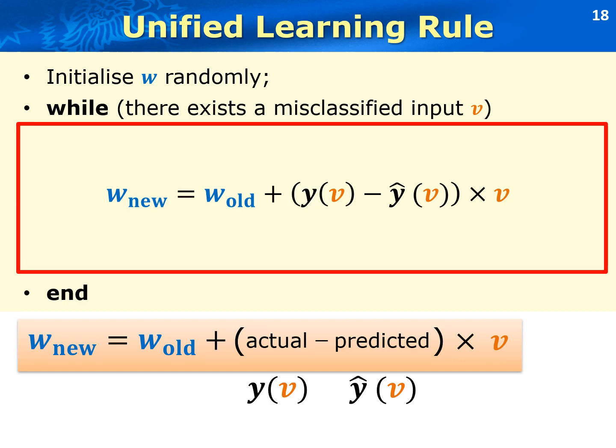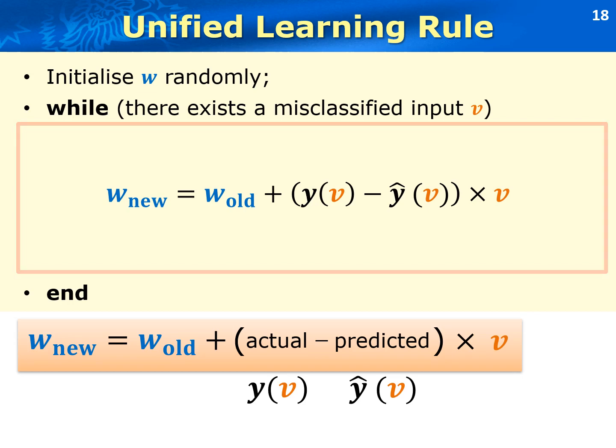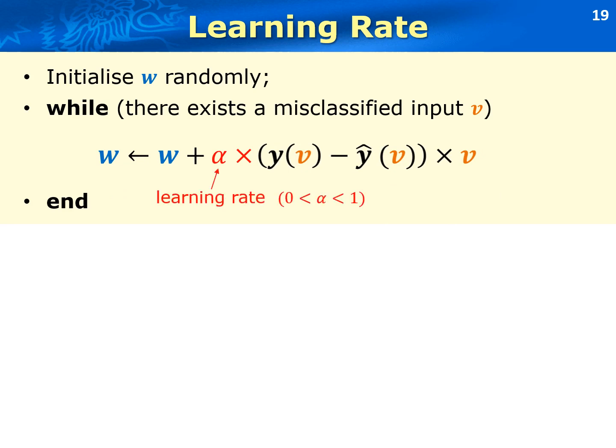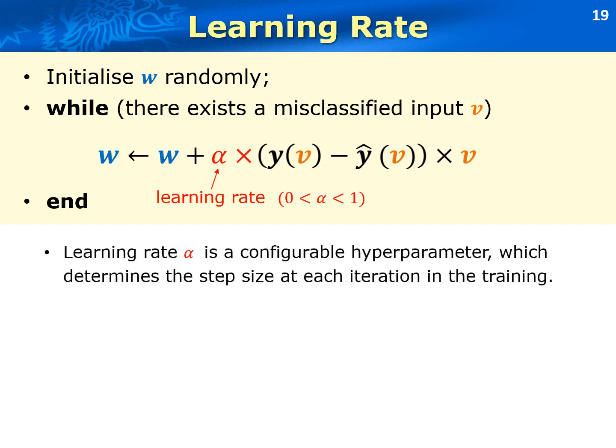In practice, we often put a small positive factor, alpha, in front of the difference. Here, alpha is called a learning rate, whose value is user-specified, between 0 and 1. Alpha is a configurable hyperparameter.